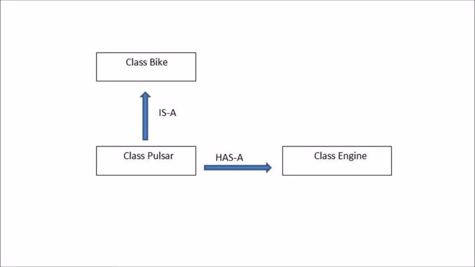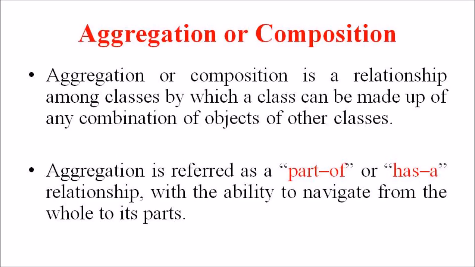Aggregation may denote physical containment or conceptual containment. In physical containment, for example, a computer is composed of monitor, CPU, mouse, keyboard, and so on. So these are the physical containments.